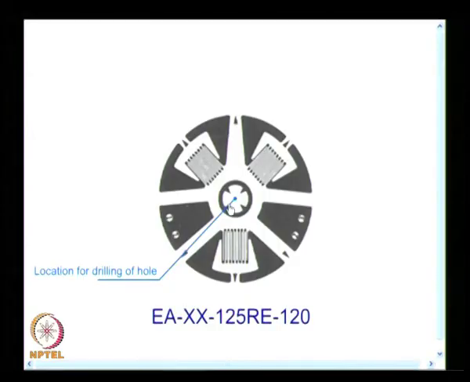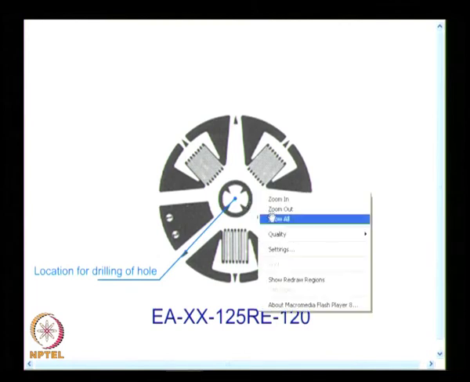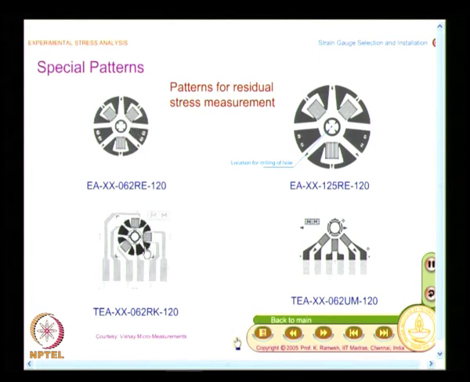Here you can go up to 2 to 3 millimeter depth, and it will look very similar to your delta rosette, but because I have provision to drill a hole here, you must distinguish that this is a strain gauge meant for residual stress measurement. And what you have in the slide is the different ways the tabs are provided to facilitate ease of installation. So, ease of installation dictates this.